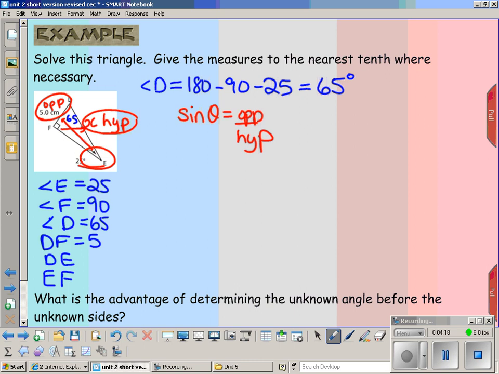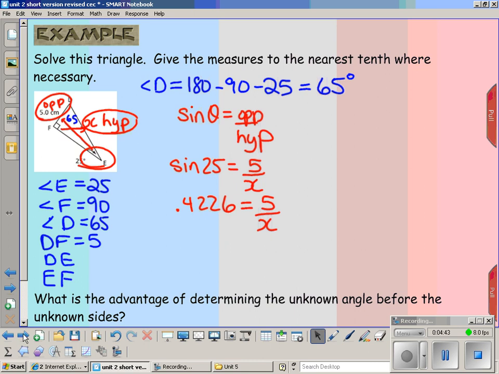The angle measure we were dealing with was the 25. Our opposite side is 5. Our hypotenuse is what we are looking for. Make sure your calculator is in degree mode and find sine 25. So we have 0.4226 equals 5 over x.